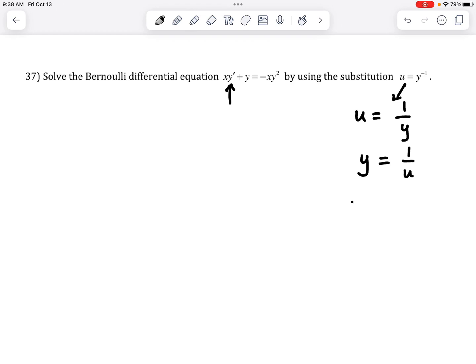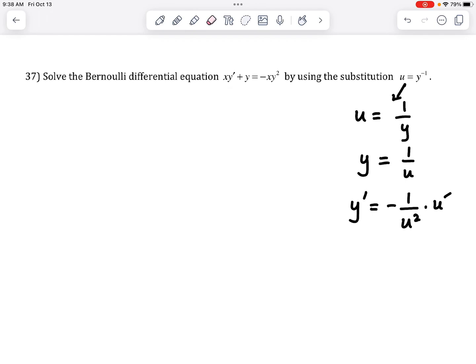And then find y prime, so the derivative of 1 over u is negative 1 over u squared. And then because of the chain rule, take the derivative of the u. So that's what y prime equals. So that's what's going to be substituted right there. And then I can, for this y, substitute it with the 1 over u.